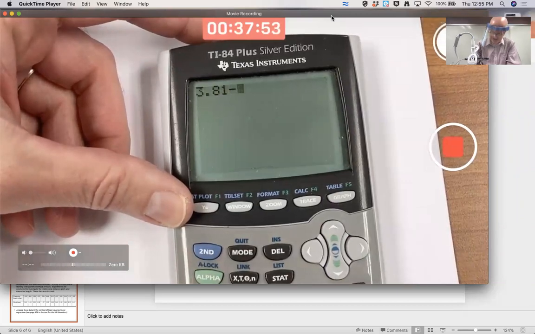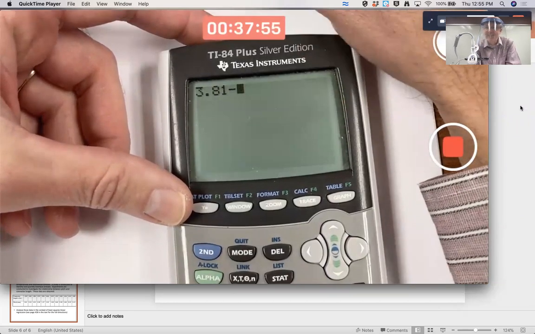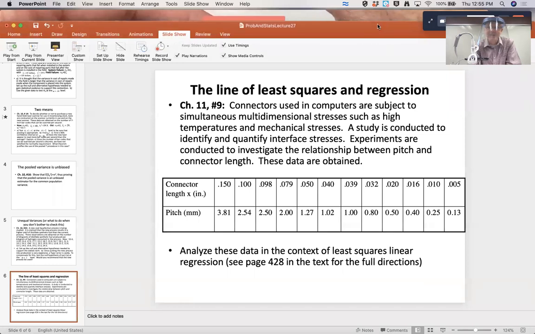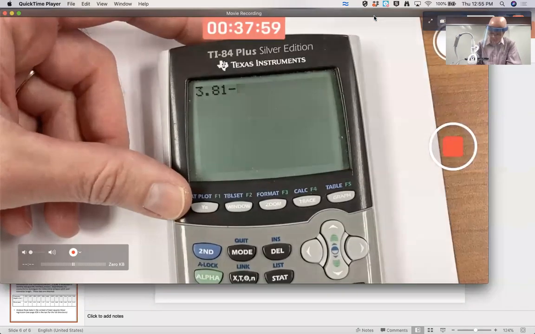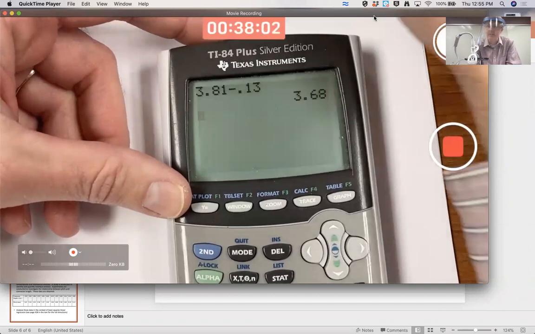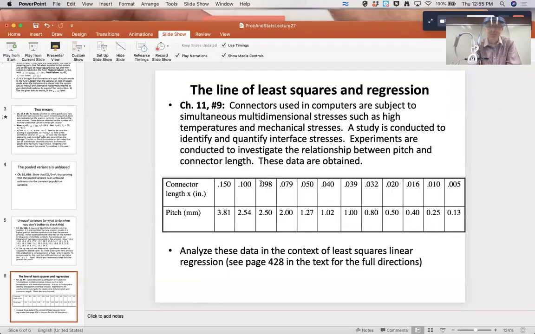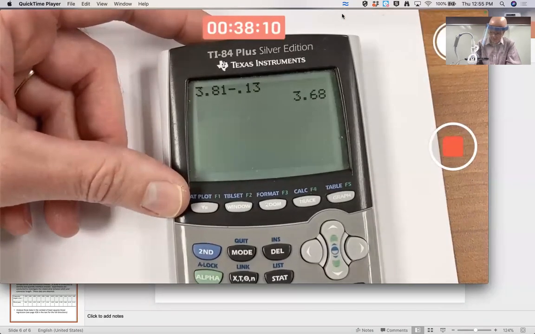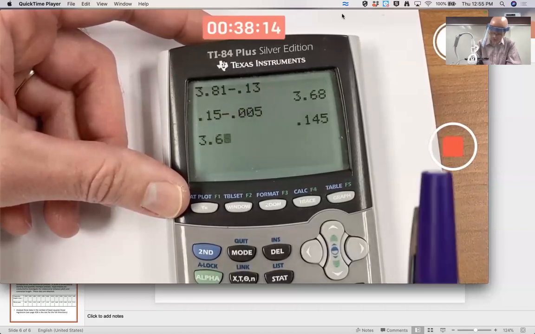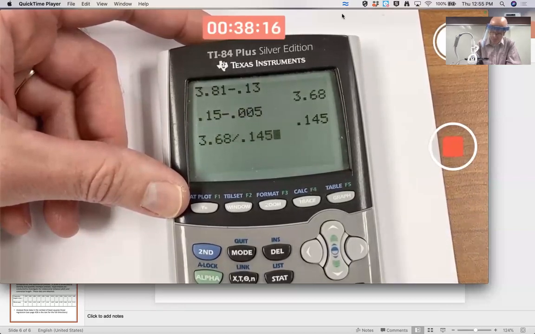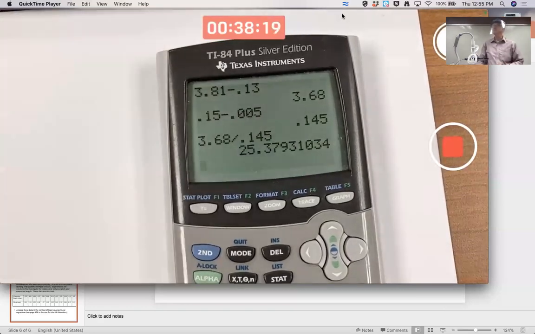There's my rise from the lowest point to the highest point, and my run, 0.15 minus 0.005. So the slope looks to be approximately 25.4.